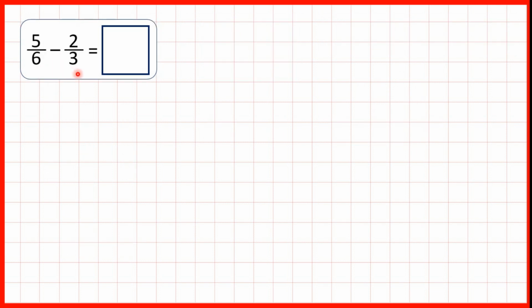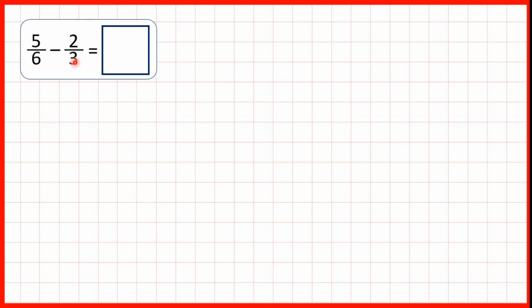5/6 minus 2/3. So when we're subtracting fractions, just like when we're adding fractions, we need the denominators to be the same, but in this question, the denominators are different. So we need to use our knowledge of equivalent fractions to make them the same.